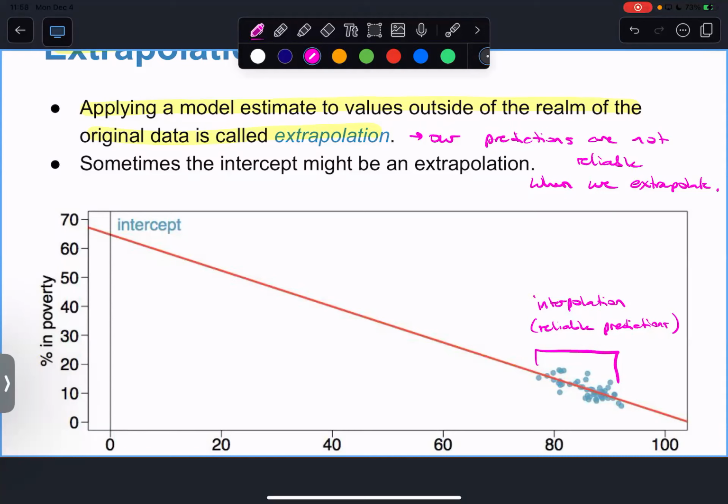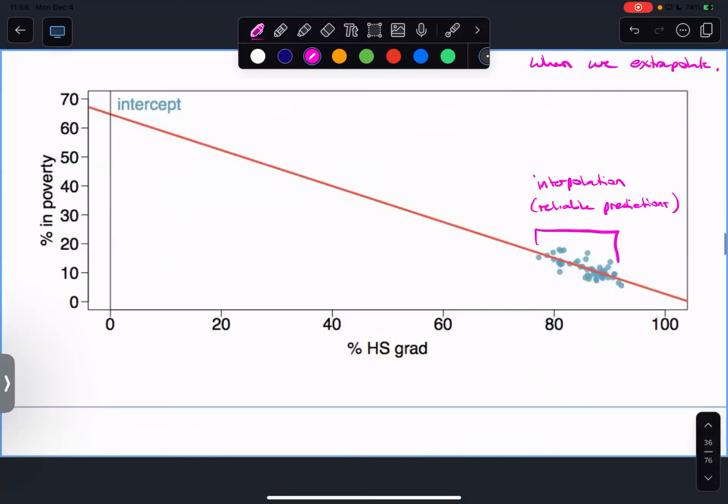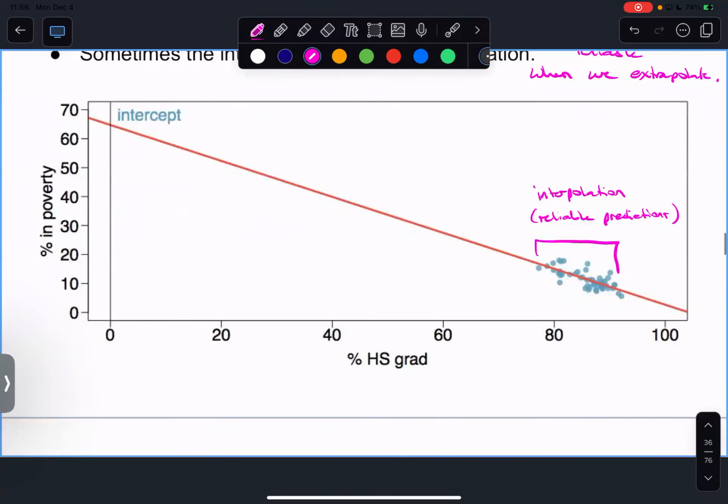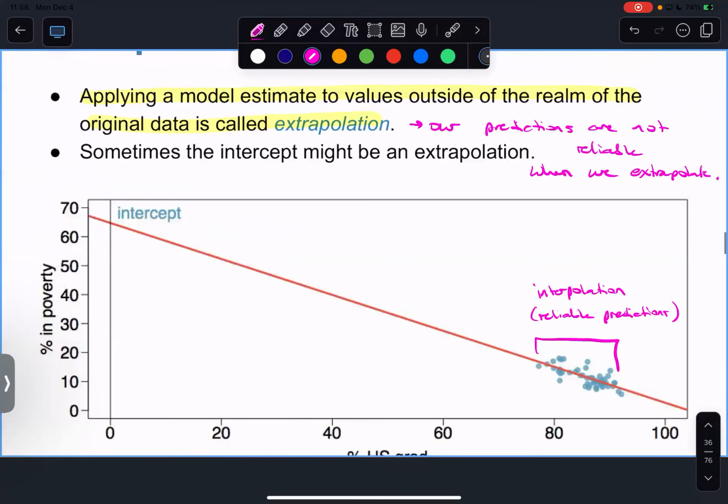Because we're growing, and we have that understanding that, well, at some point we stop growing, so then the line becomes useless, right? Unreliable. Most of the time we don't have that knowledge about the data, right? And so that's where it becomes dangerous to start using the line to predict values that we haven't built the line from.